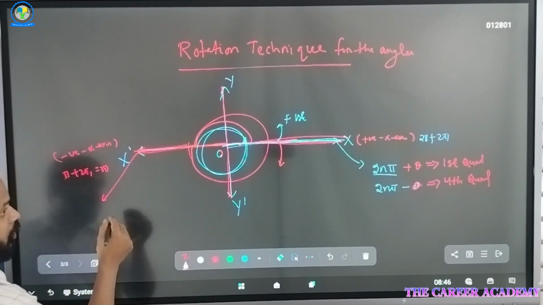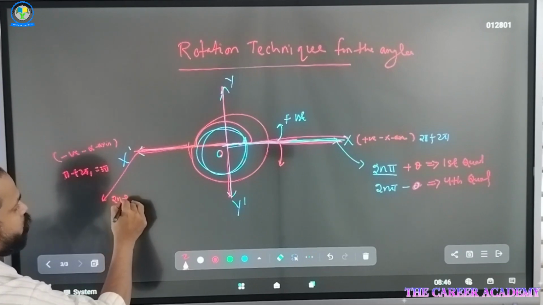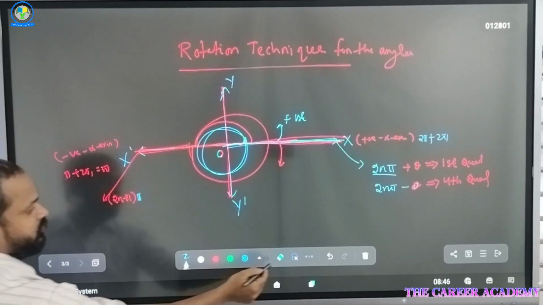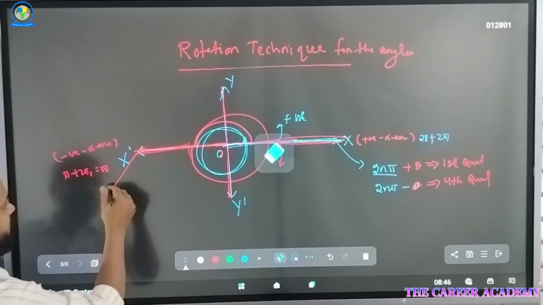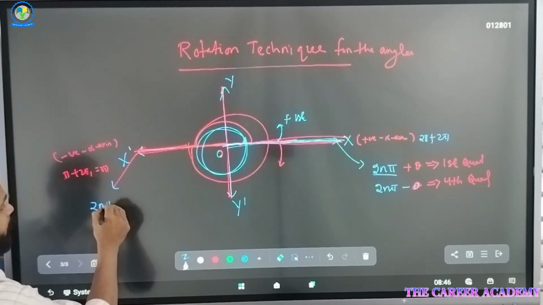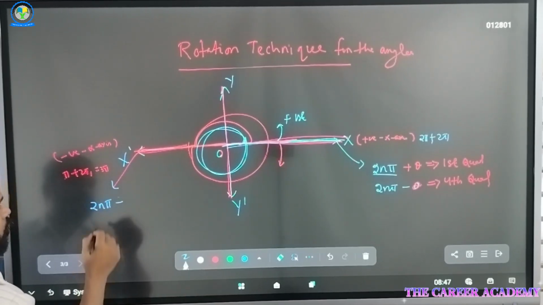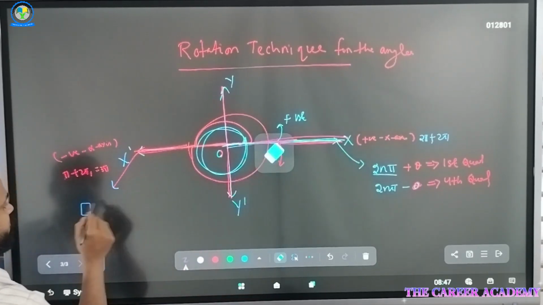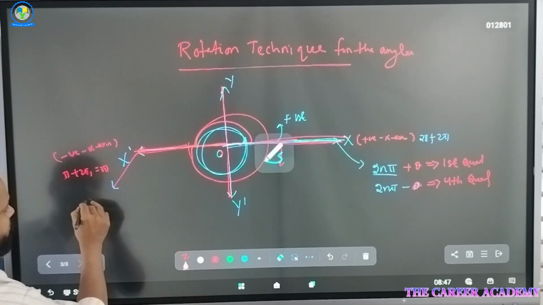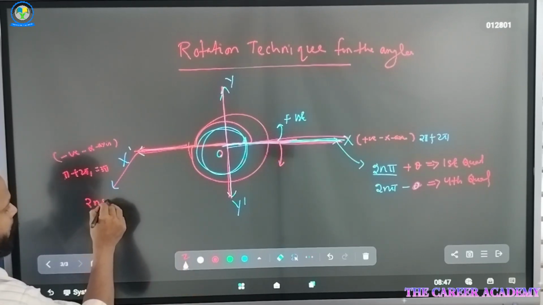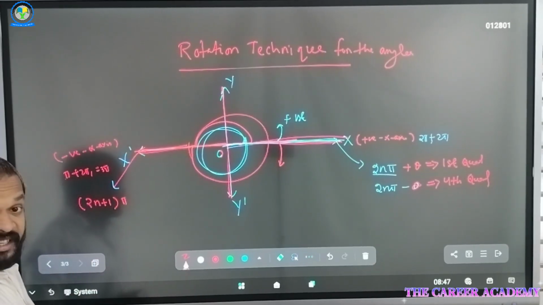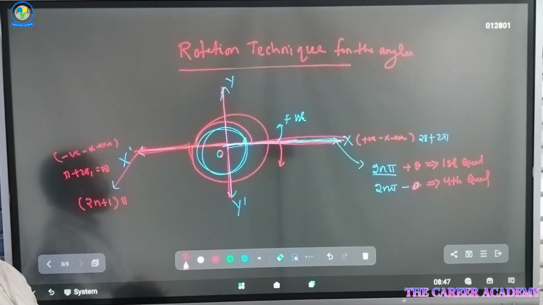It is the odd pi form, 2n plus 1 pi. Clear? Sorry, students, it is 2n plus 1 pi. Means the negative x-axis behaves as the odd pi form.